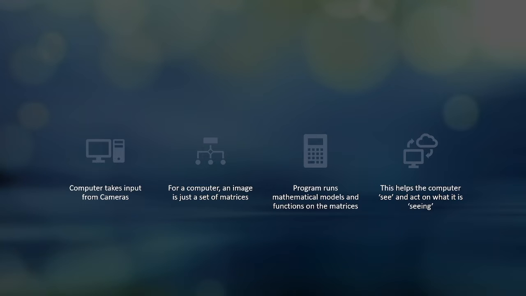Now for us that image or video would mean something else, but for a computer it's just another set of matrices, multiple matrices in an n-dimensional matrix. It could be a three-dimensional matrix to denote RGB colors. It could be an n-dimensional set of matrices denoting other forms of images. Now the computer needs to see this and take an action based on the set of instructions that it has already been provided.